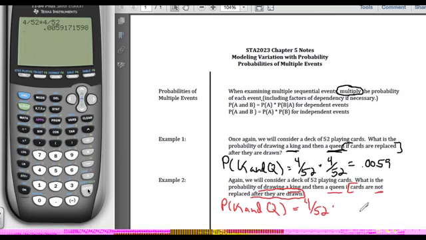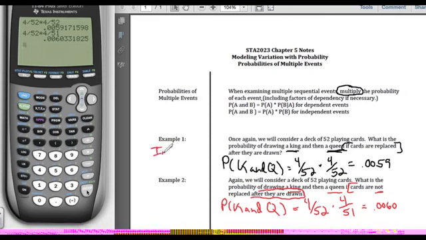But if you take that king out, if it's not replaced, for your queen there are only 51 cards left in the deck. 4 of them are queens. So I could say 4 out of 52 for the king times 4 out of 51 for the queen, and that would be 0.0060 if you take it to 4 places.